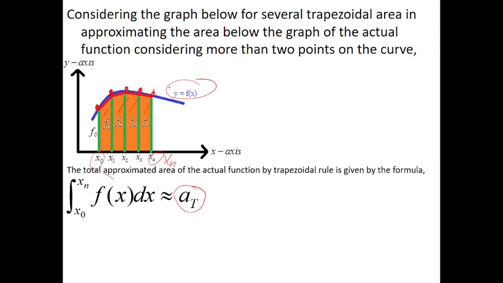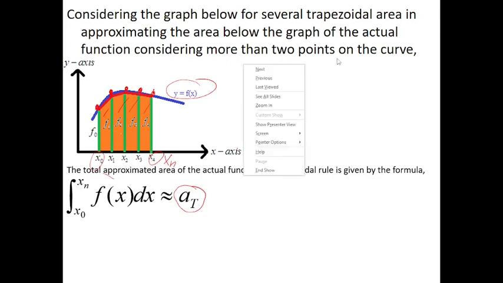So the area below the actual function becomes more accurate when we have several trapezoids between 2 points, x sub 0 and x sub 4.